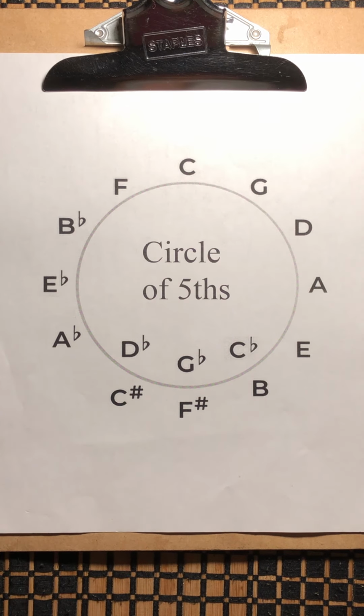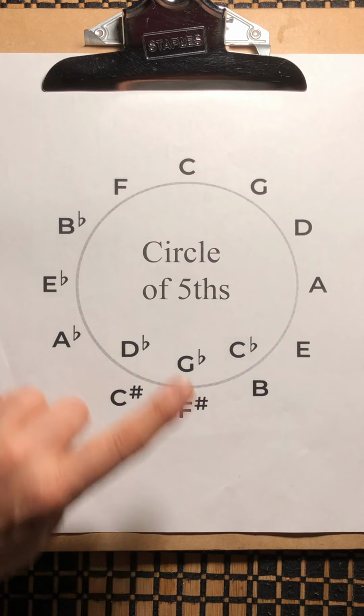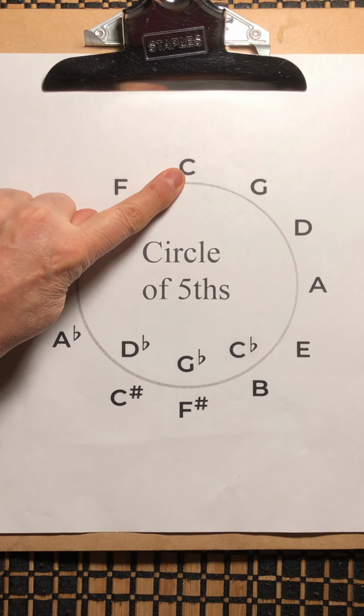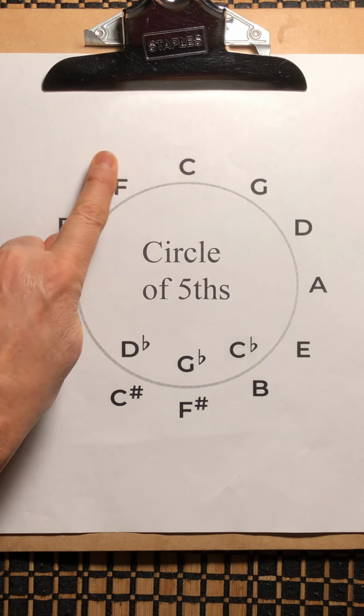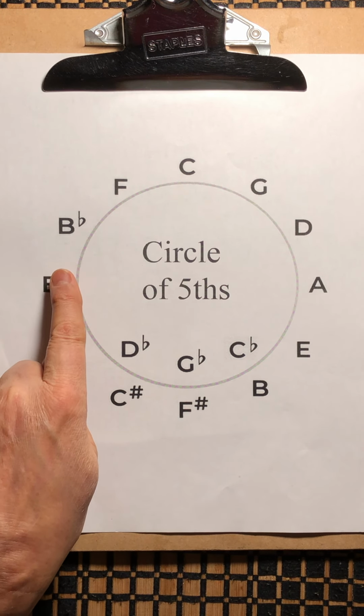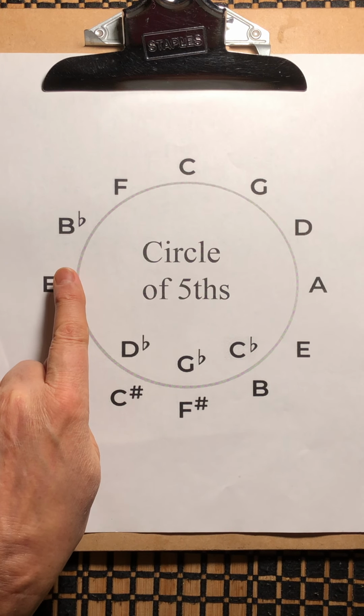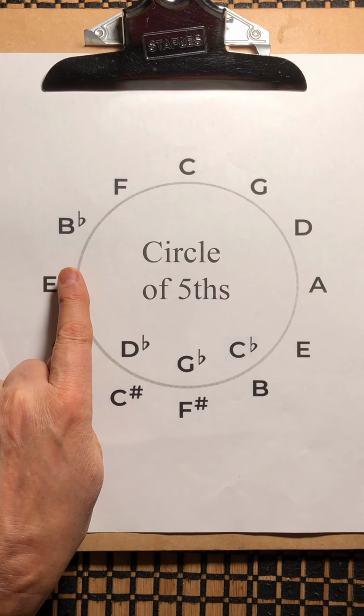To find the keys with flats, we go back to the top of the circle to the key of C. This time we go down a perfect fifth and write the notes to the left of the circle.